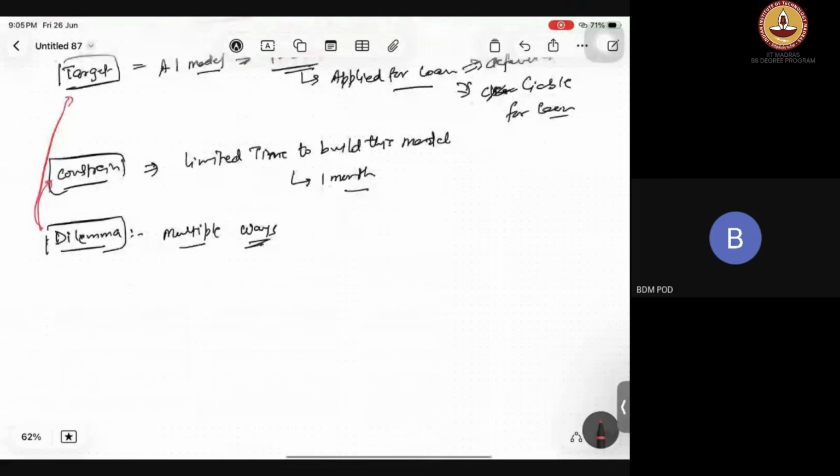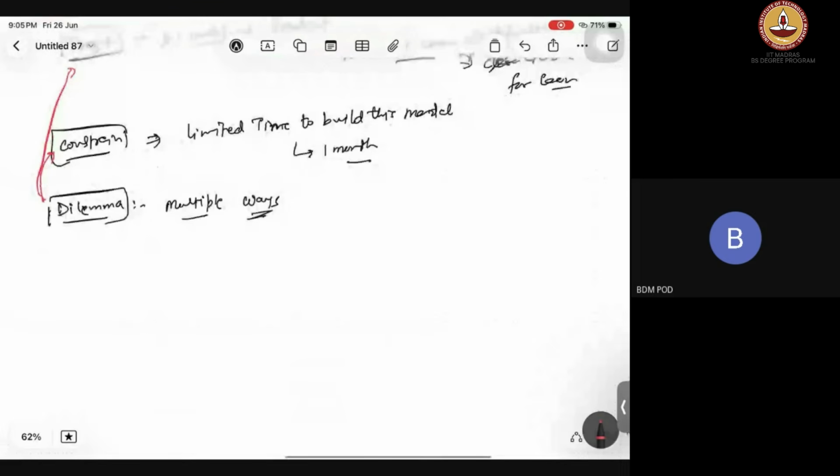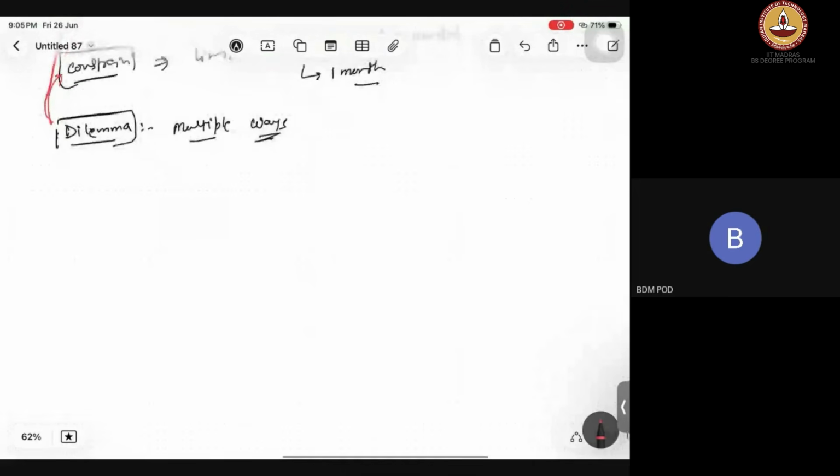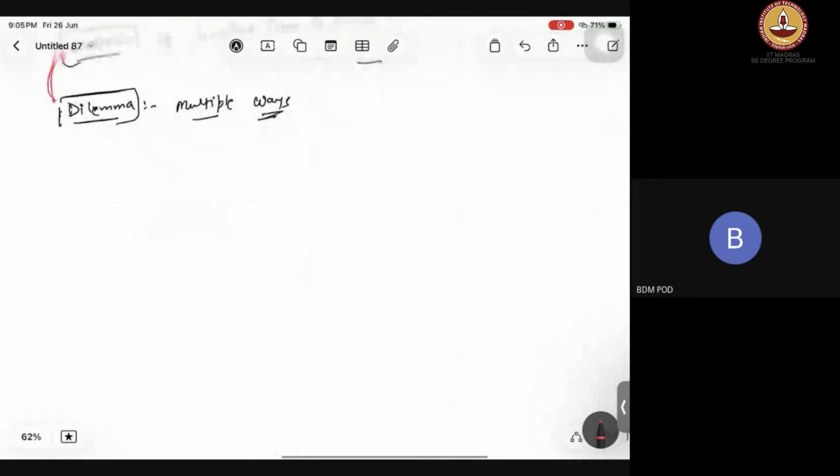Now, there are two options. They have discussed, analyzed and researched a lot of things, and after that they came to two different paths. So their company road is divided into two different paths.